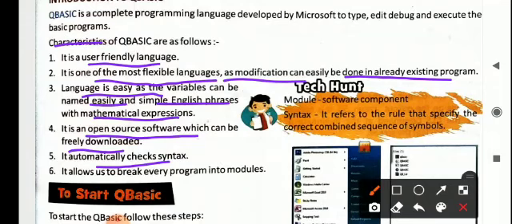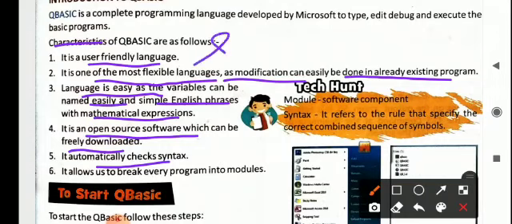Technically, the syntax is known as the rules of writing the programming language. Okay, in computer terms we call the rules the syntax of the programming language. And if you are committing any mistake in syntax, like, suppose the print command is there, for writing that you have to write PRINT, and if you are missing T or N, a spelling mistake is there, or you are wrongly using it for some other purpose, then in that case you have a syntax error.